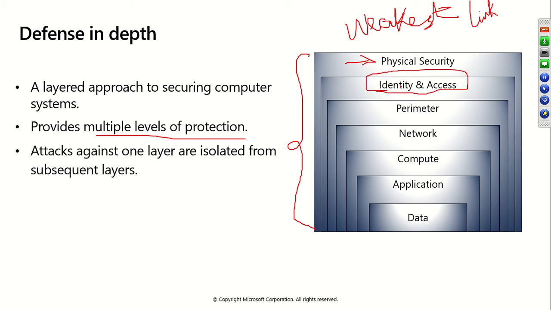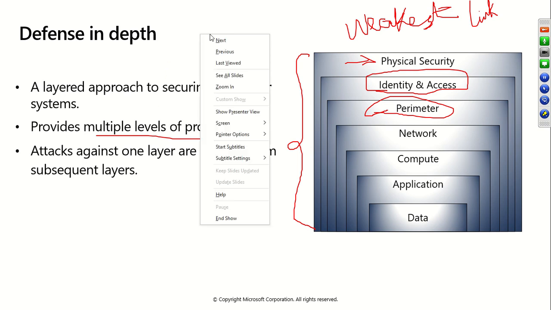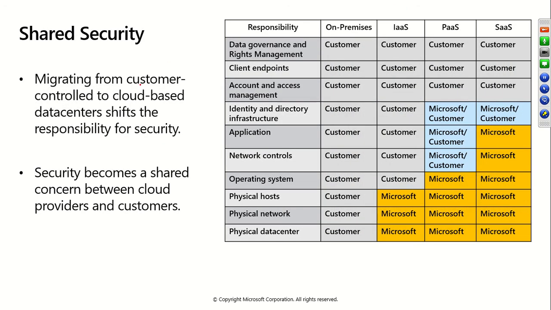Even if he enters the server room, the person needs to log in. He may not have access to log in. So if he logs in, he may not be able to do anything because there's a perimeter fencing through the computer IP address. And also, if he has access to this, he may not have access to this. So that is what we meant by defense in depth.